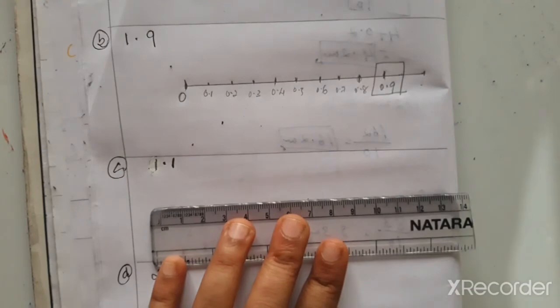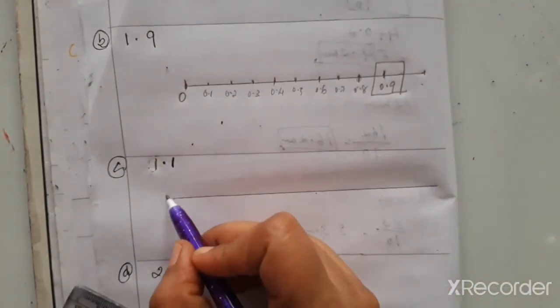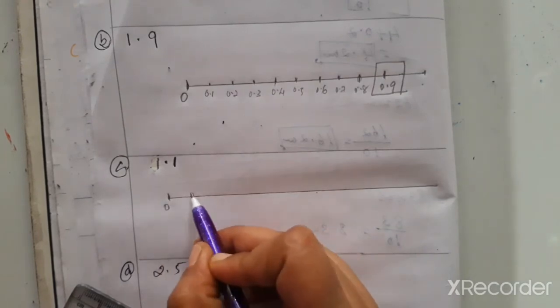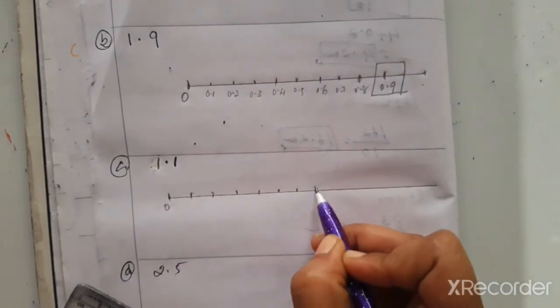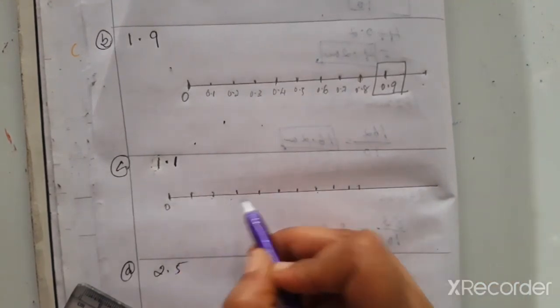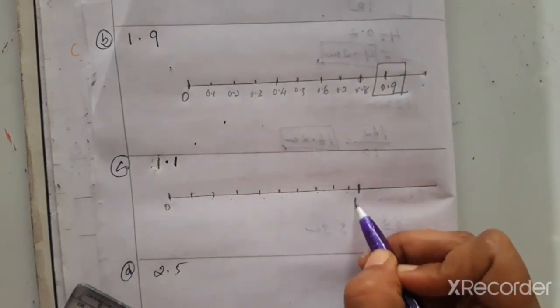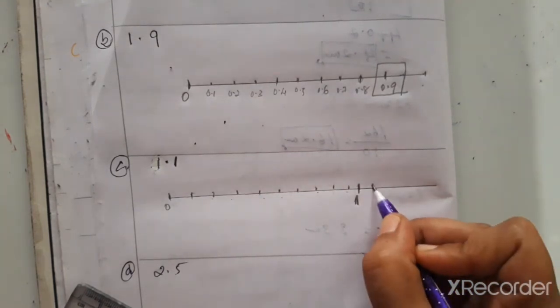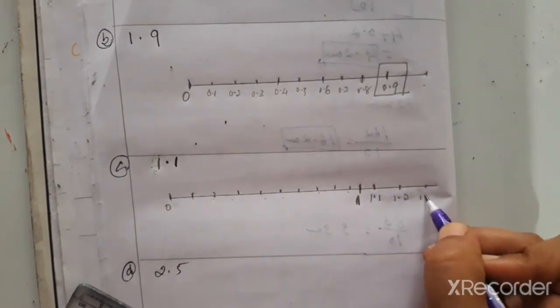Next is 1.1. Here draw a line, and 1.1 means any value here. 1, 2, 3, 4, 5, 6, 7, 8, 9, 10 means 0.1, 0.2, 0.3 up to 10, and it will come here, 1. Then 1.1, 1.2, 1.3.